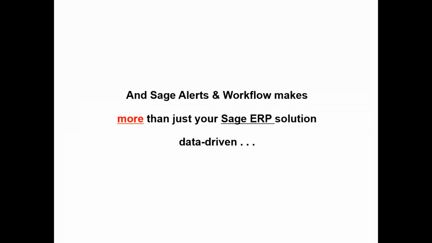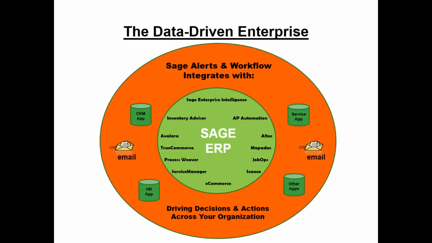It's important to note, and I know I mentioned this earlier, that although we've been focusing on Sage Alerts and Workflow specifically for Sage 100, Alerts and Workflow integrates with all of your other business applications as well. So if you have add-ons to Sage 100, sales tax computation, document management, etc., Alerts and Workflow works with those solutions.